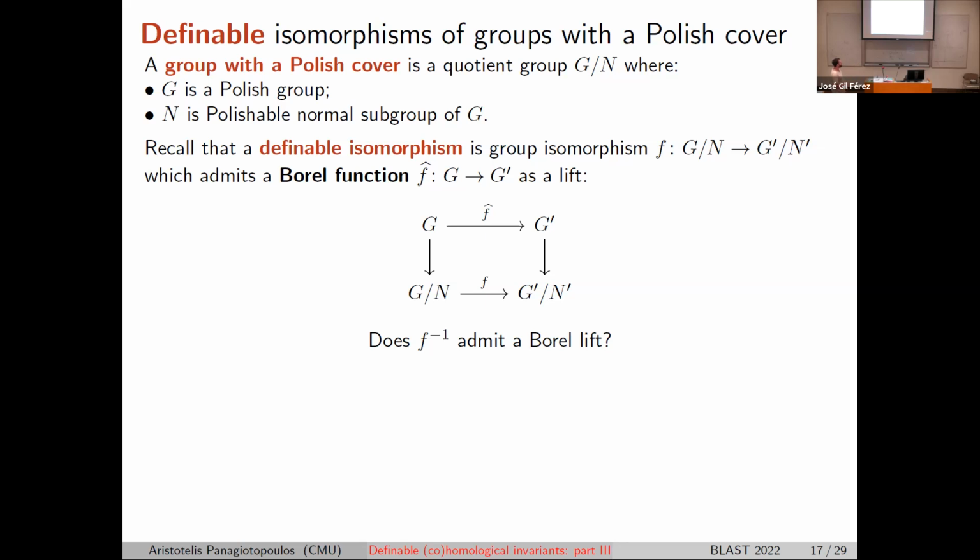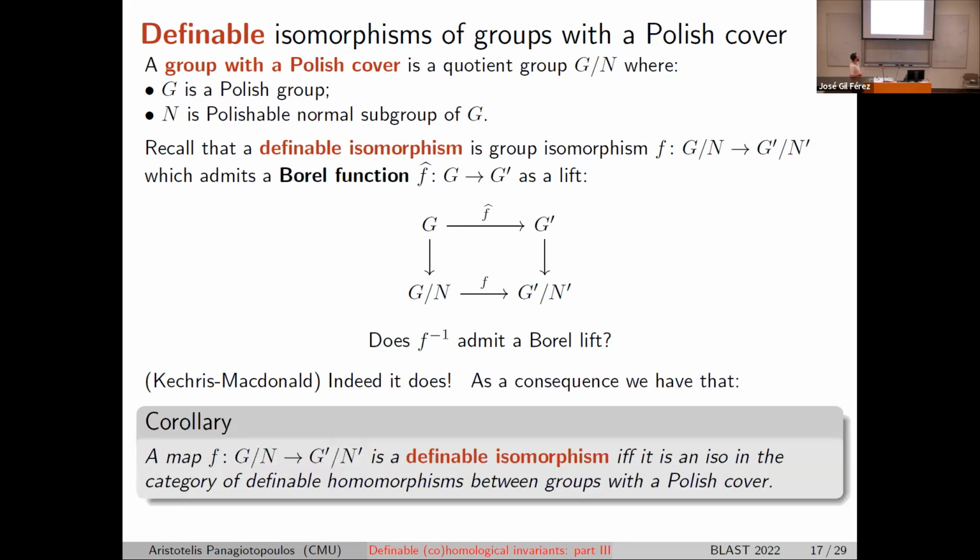And it turns out that the answer is yes. It's from a theorem of Kekris and MacDonald, which is in a slightly different context, so we have to transfer it here. As a consequence, a definable isomorphism in this sense is the same as an isomorphism in the category of definable homomorphisms between groups with Polish cover.